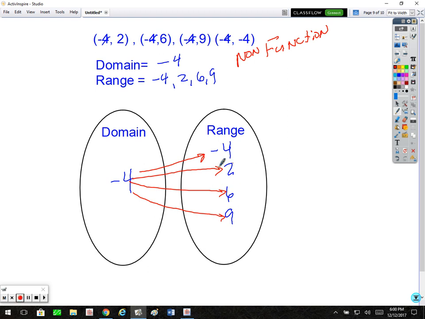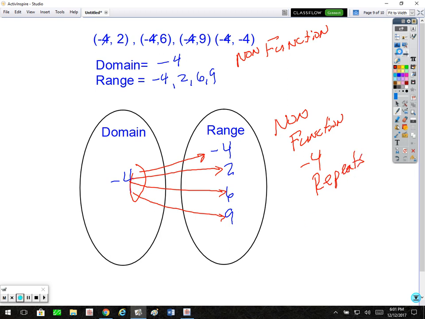So we can't have that. We can only have one value in the range paired up with the one in the domain. So here I have 1, 2, 3, 4 again. So this is a non-function. Again, all we're doing is looking. This tells me that the -4 is repeating.